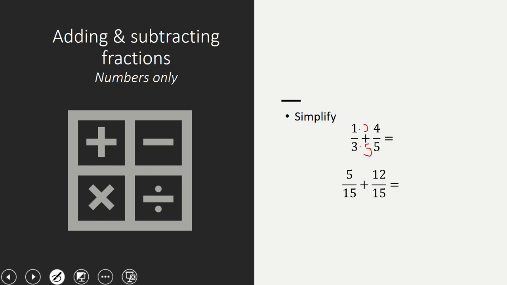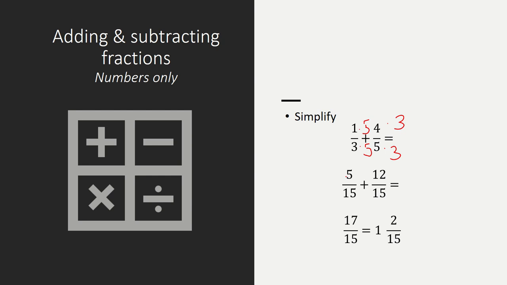Because what you do at the top, you need to do at the bottom as well. And what you need to do at the bottom, you need to do at the top as well. I did 5 times 3 and I did 4 times 3. And that's how I got 5/15 and 12/15.